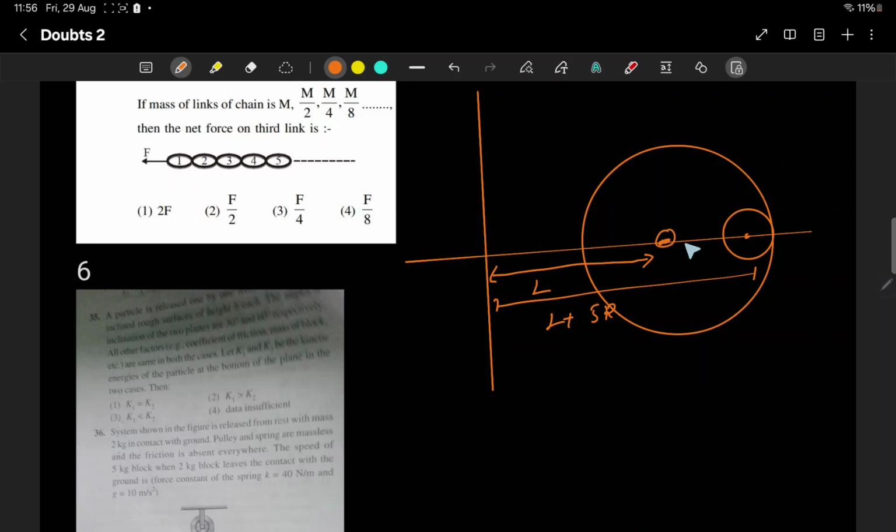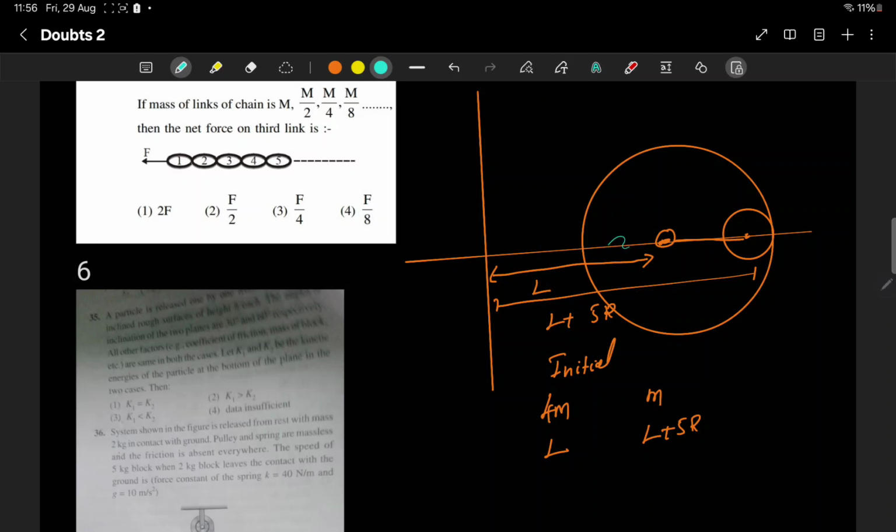So this distance is 5r, giving L plus 5r. Initially, the capital M, that is 4m, has coordinate simply L, and the small m has coordinate L plus 5r.